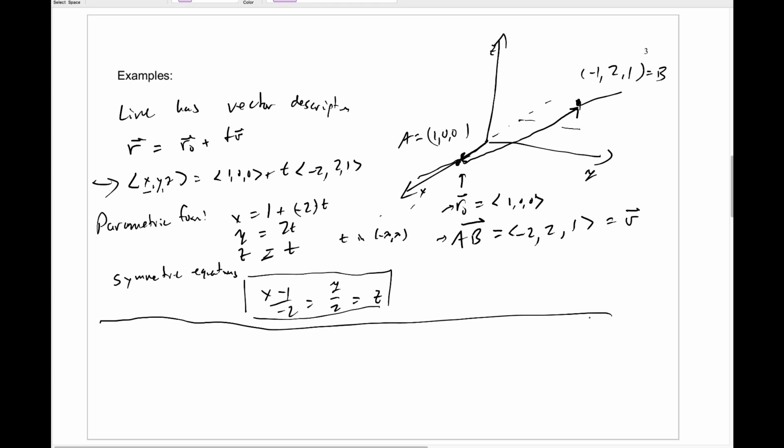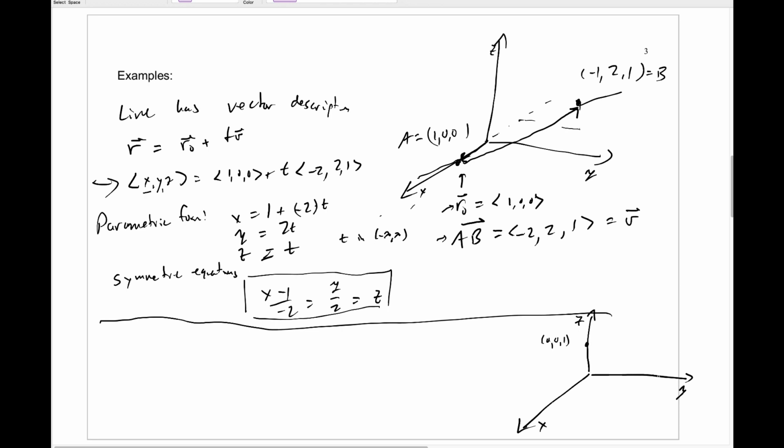Let's look at another example. Let's say I take 2 points, say here's the point 0, 0, 1. That's on the z-axis.